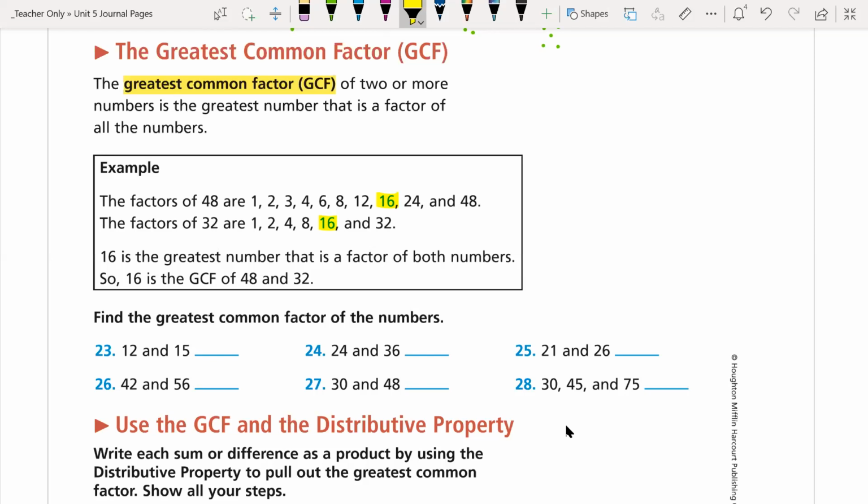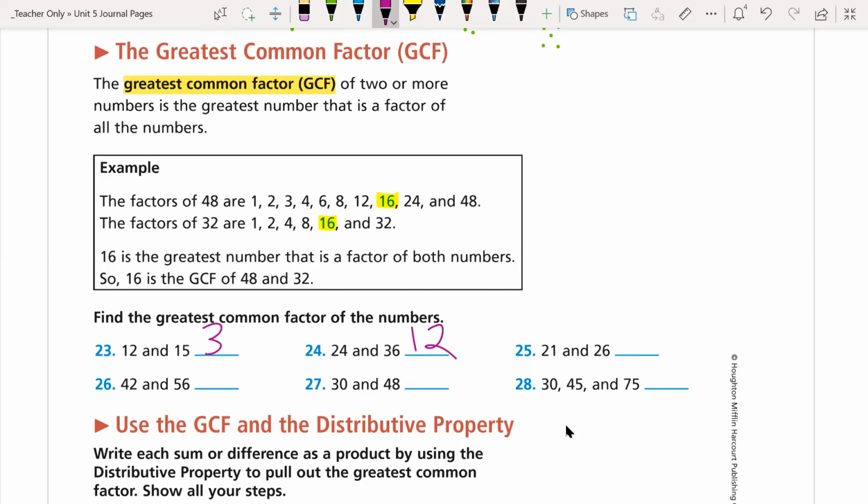Number 23. The greatest common factor between 15 and 12 is 3. For number 24 and 36, it's 12.